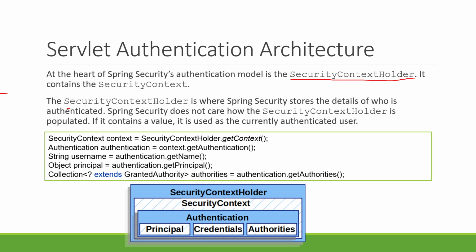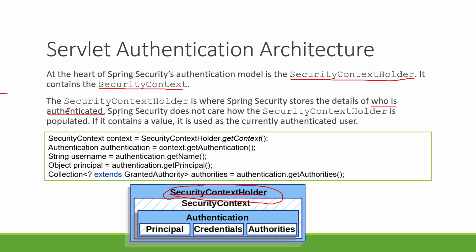It contains a security context, and the security context holder is where Spring Security stores the details of who is authenticated. Later, the authorization filter has to check the permission, and it gets the authorization through this security context holder in order to do the permission checking.